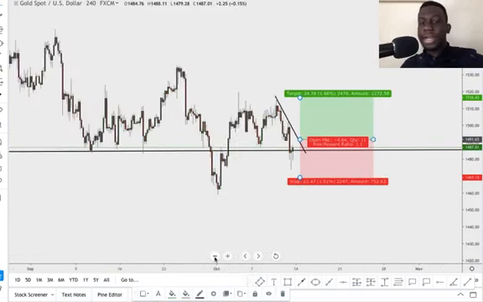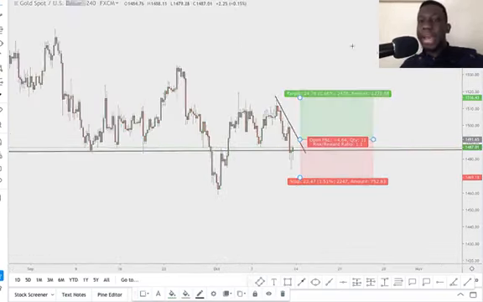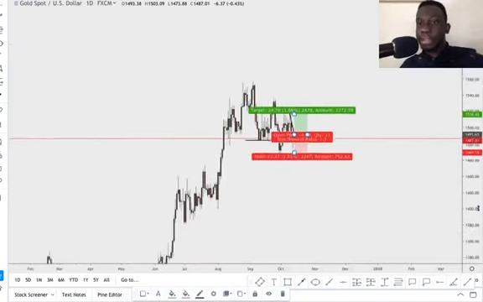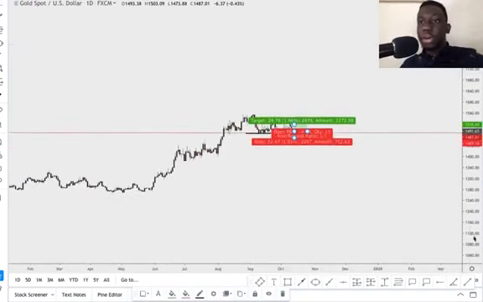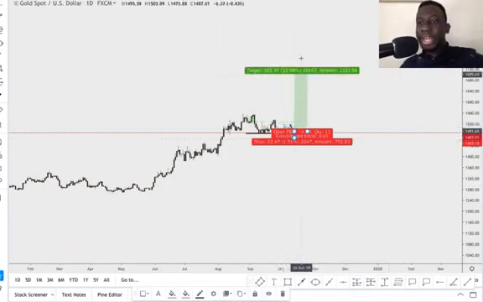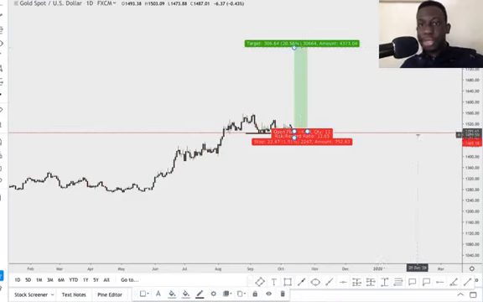But guys, you have to understand that I'm trading on a very massive time frame, whereby I've seen the overall picture of this market. The overall picture of this entire trend is actually $1,800 per ounce. Do you understand where I'm coming from? From my monthly time frame, I can see that the overall target for gold, for the next 4, 5, 6 months to come, is eventually $1,800 per ounce.